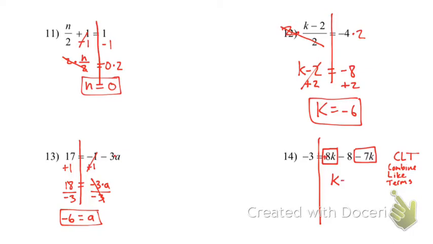Bring down the negative 8 we have there. Equal sign, negative 3. And now we ask ourselves, is K by itself? No. We have a subtraction of 8. To get rid of subtraction of 8, we do addition of 8 to both sides. Cancels. This is 5 equal to K.